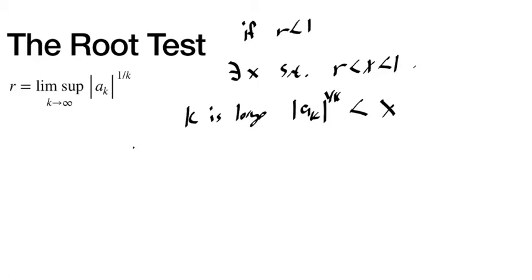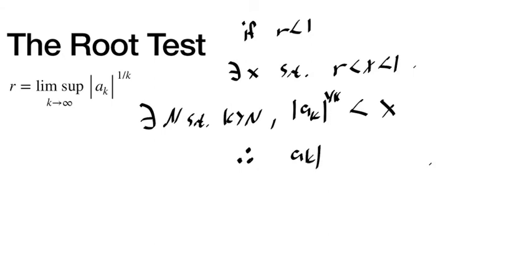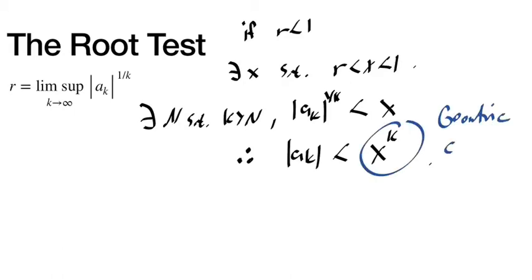So when I say k is large, what I'm really saying is that there exists some capital N such that if k is bigger than that capital N, then a_k to the 1 over k is less than x. But then all I have to do is raise both sides to the k power, and therefore a_k is less than x to the k, but this is geometric and converges.